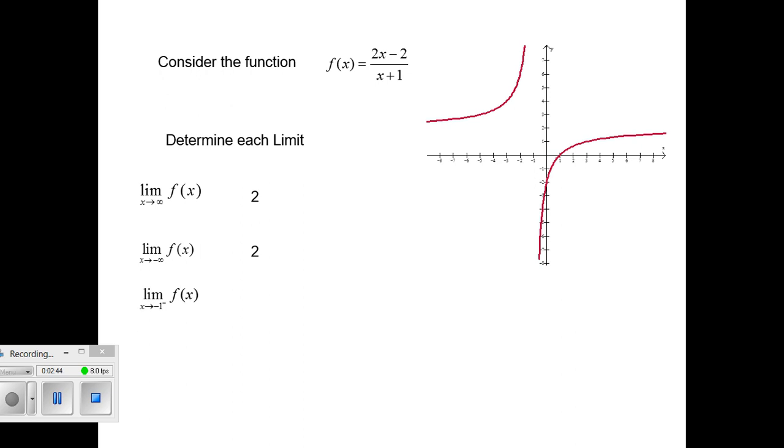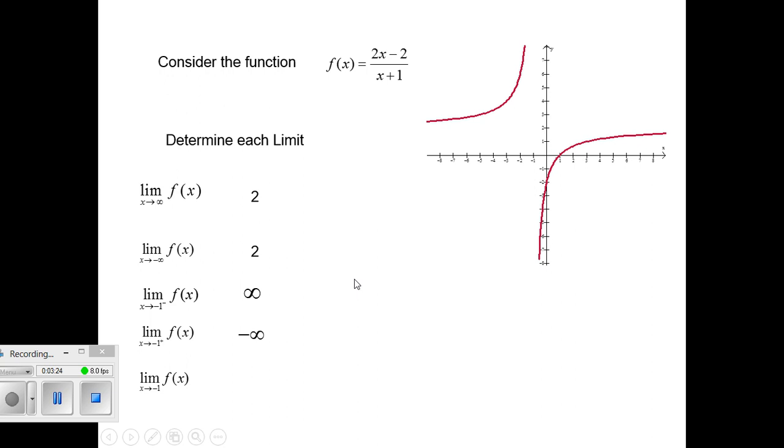What is the limit as x approaches -1 from the left side? Graphically, approaching -1 from the left is moving towards positive infinity. So the one-sided limit approaching -1 from the left is positive infinity. The one-sided limit approaching -1 from the right, owing to the asymptotic behavior at x equaling -1, is negative infinity.